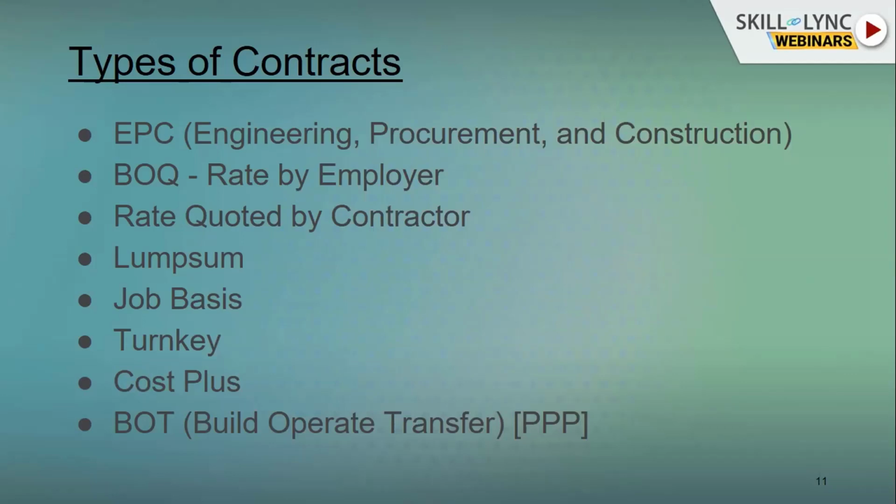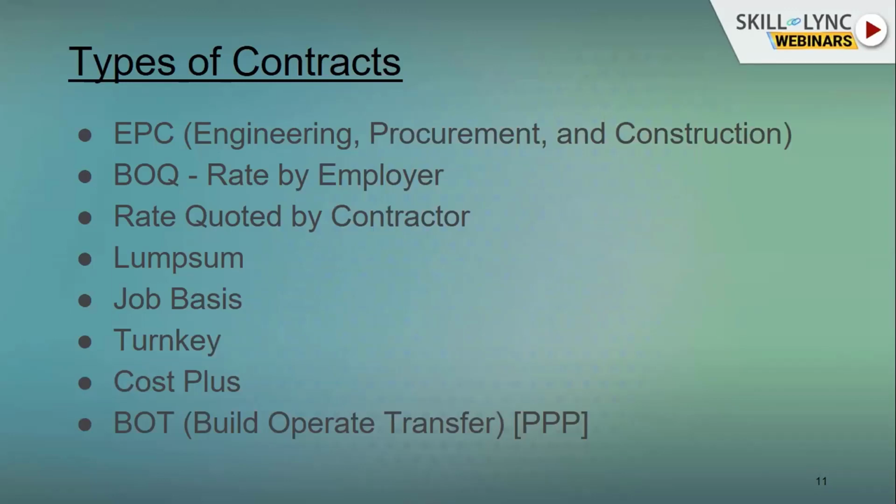This contract has a big disadvantage: when an employer wants a certain change in the layout or something like that, it is very costly in terms of lump sum, because your rates have been finalized as per your earlier requirement. For any changes, the contractor will charge you more, considering that the same part will be executed by him only. So it depends on what kind of project is required for such work. Otherwise it is better not to go with lump sum contracts.